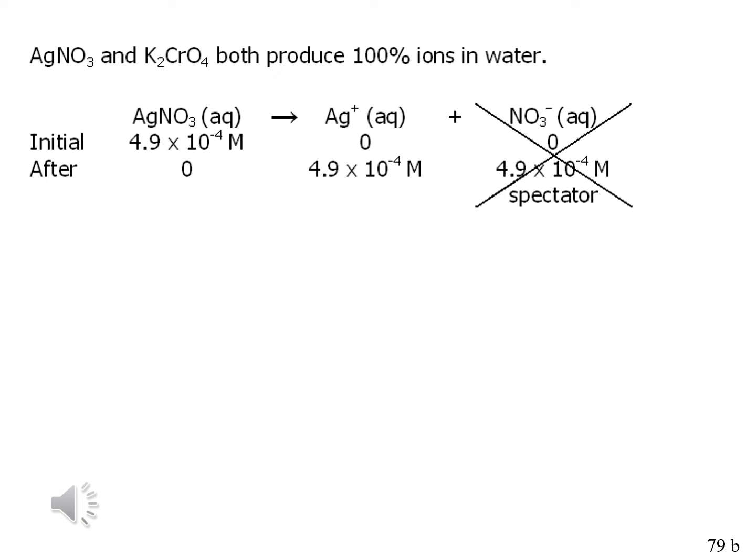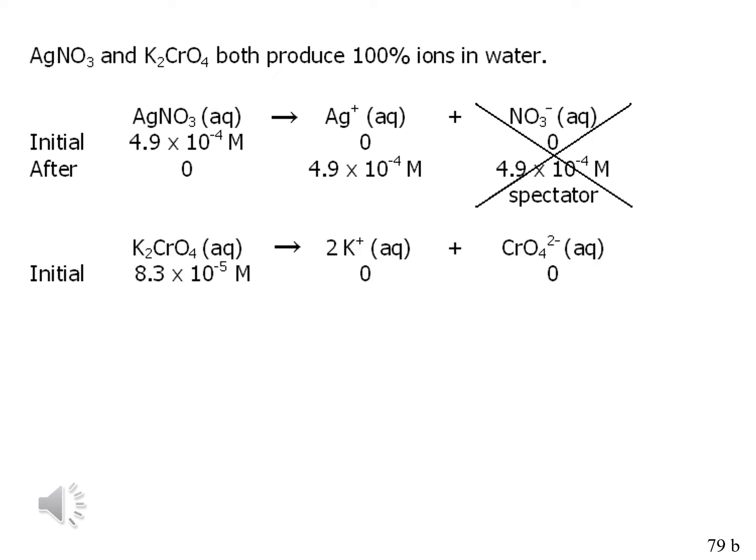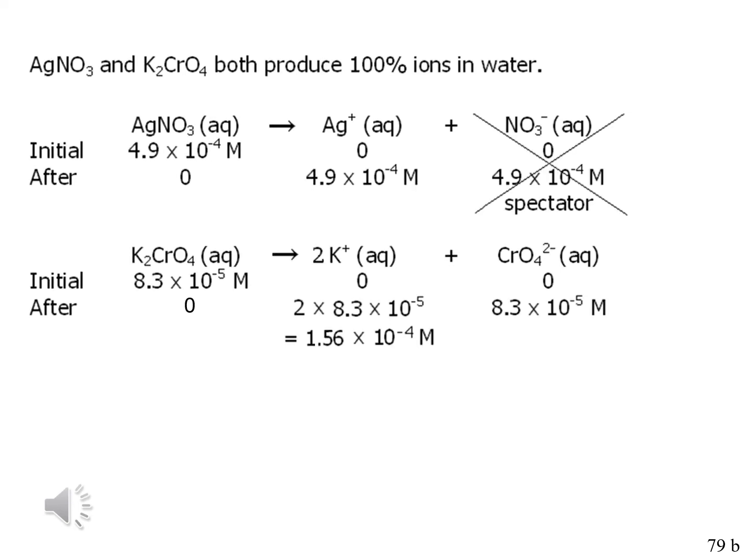We now have to determine whether that's also true for potassium chromate. If you dissolve potassium chromate in water, it's true that you are going to get twice as much potassium ion because there's a 2 in front. So when you figure out the amounts of ions, it is going to be twice as much of the potassium. The thing is, the potassium, again, is a spectator. Let's suppose K2CrO4 is 2 gold circles and a purple one.